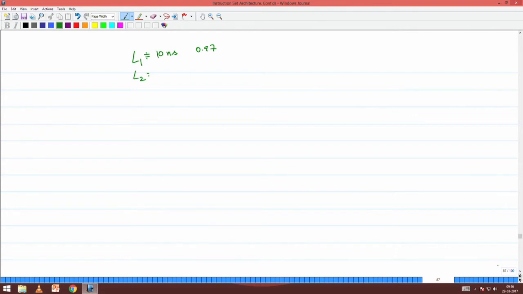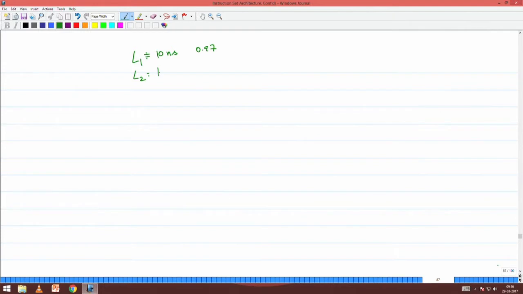You do not distinguish between instruction and data. So it is a large cache. Let us say it is 100 nanoseconds, and its hit ratio is 0.98. It will certainly be more than this. Then of course memory, let us say this is the same 100 milliseconds.